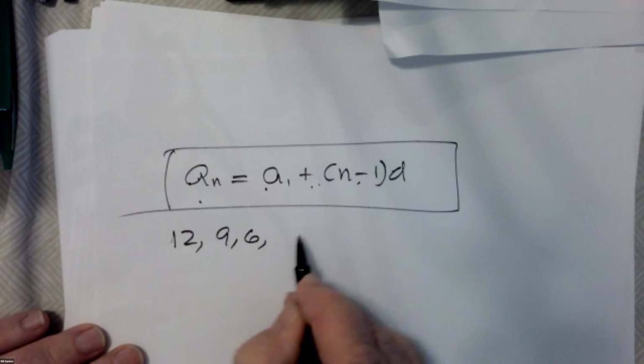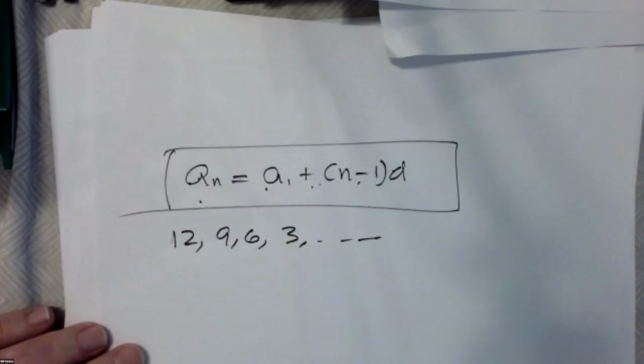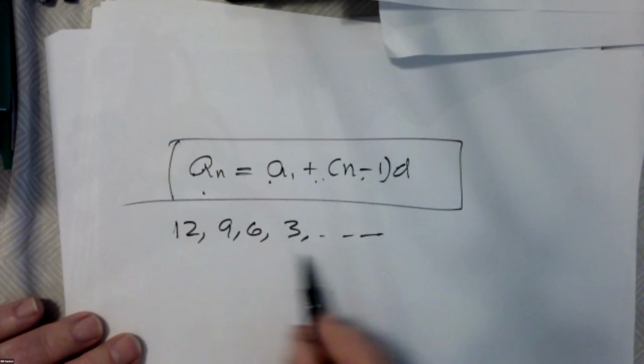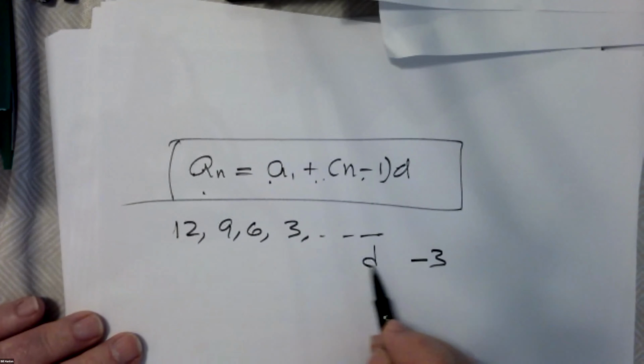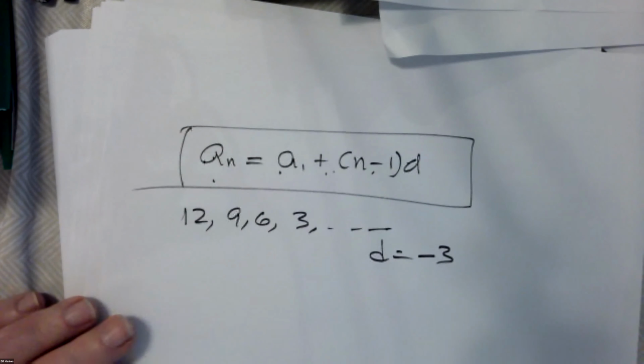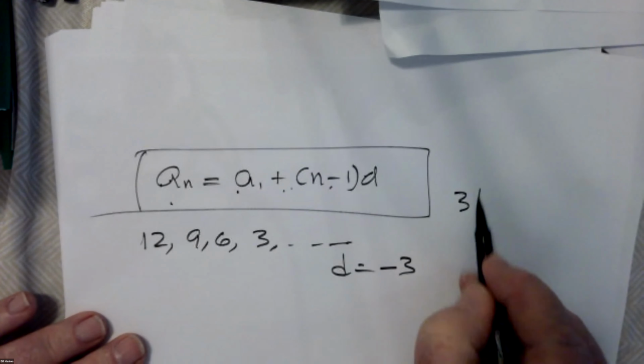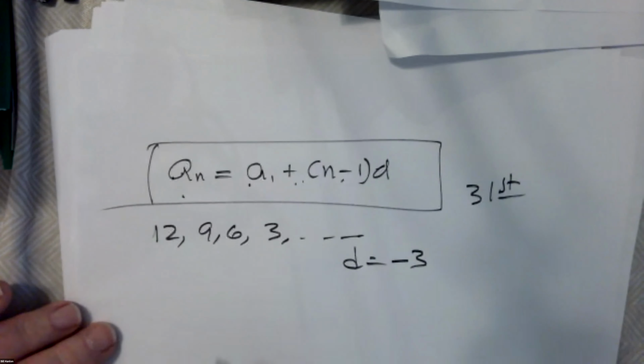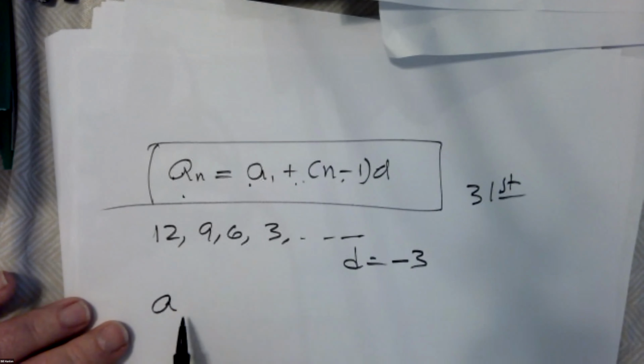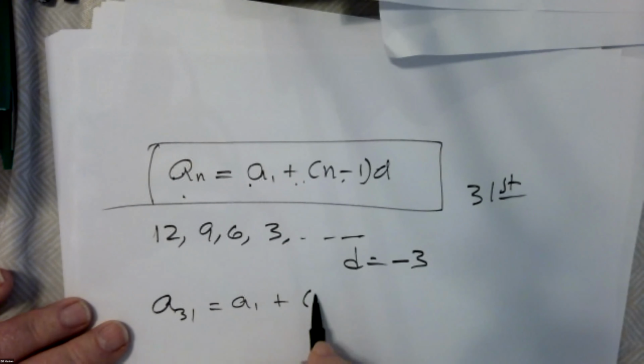Let's say I gave you this sequence here: 12, 9, 6, 3, and I keep on going. So now I'm getting smaller. What's my common difference here? Minus 3. So d is minus 3. Let's say I'm looking for the 31st term. I have a sub 31 equals a sub 1 plus n minus 1 times d.